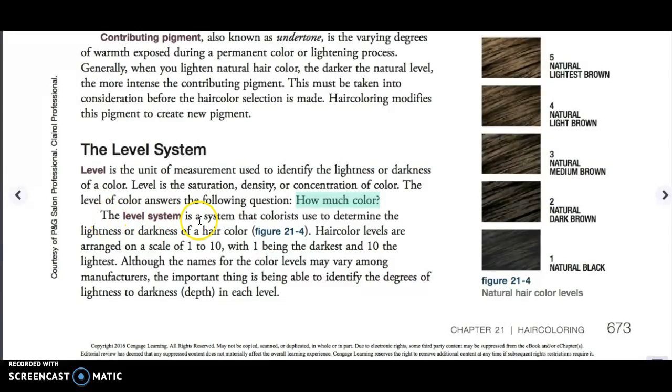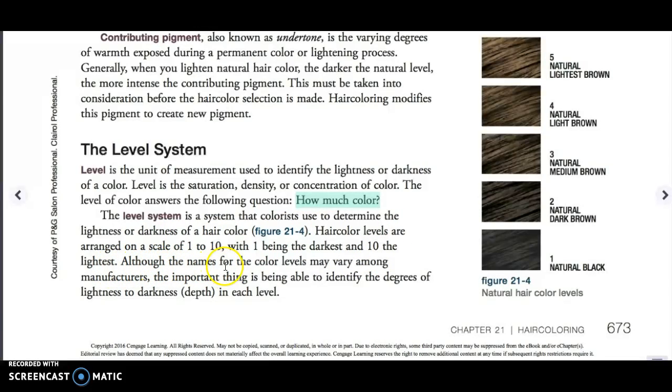The level system is a system that colorists use to determine the lightness or darkness of hair color. Hair color levels are arranged on a scale of 1 to 10, with 1 being the darkest and 10 the lightest.